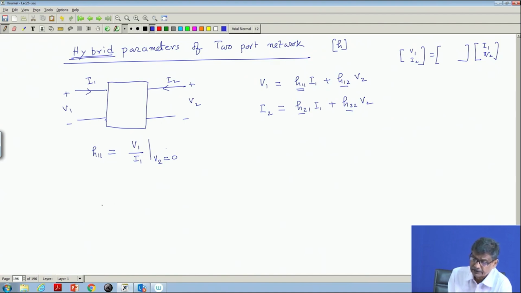How to find this out? Take the same network, which I should excite with I1, a current source, and then V2 equal to 0 means the output should be shorted. V1 by I1 with V2 equal to 0 is H11. Therefore, you make V2 equal to 0 and record this voltage V1.